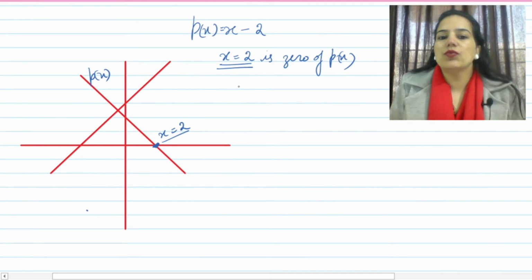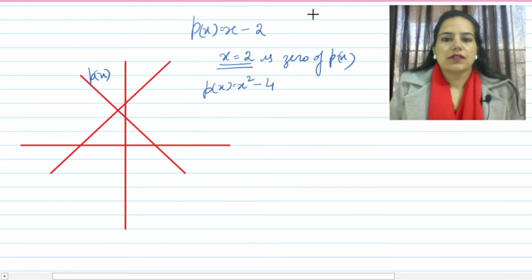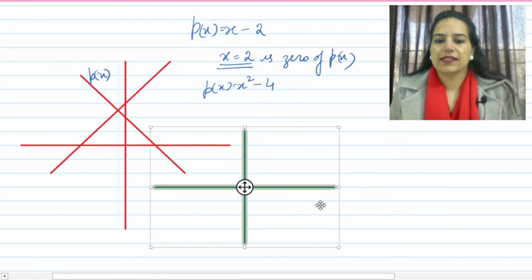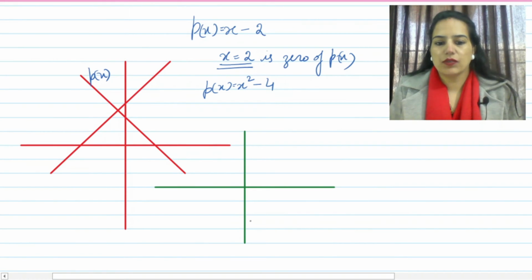Similarly, if I give you x square minus 4, now this is a quadratic. And how will you draw the graph for this one? So we will draw another x-axis and y-axis, and now if I draw the parabola, it will go like this.